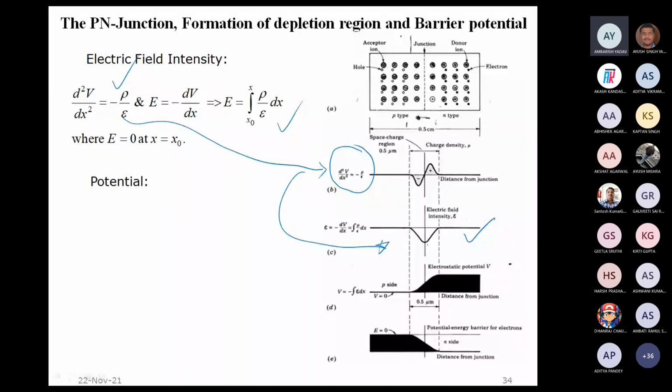Just at the physical contact point, in the middle of the junction, we see the electric field to be the maximum, and as we move away from this, the electric field decreases and becomes zero. So the electric field essentially is zero outside this depletion region and maximum in the middle. So that is not constant.